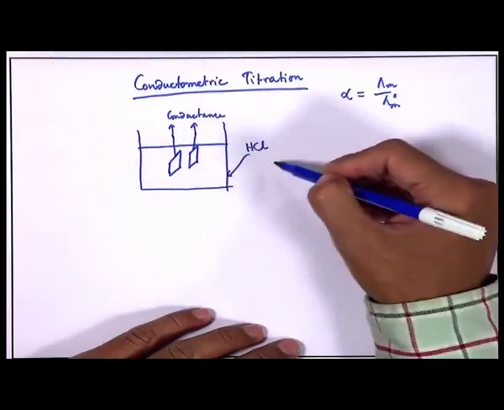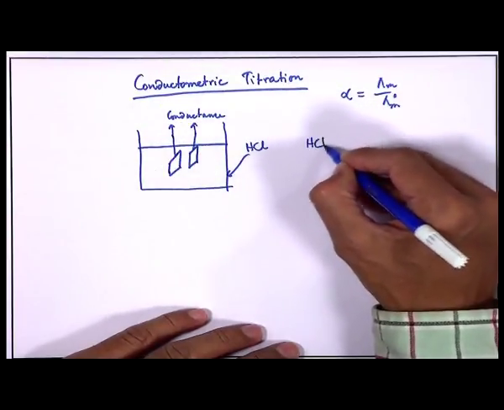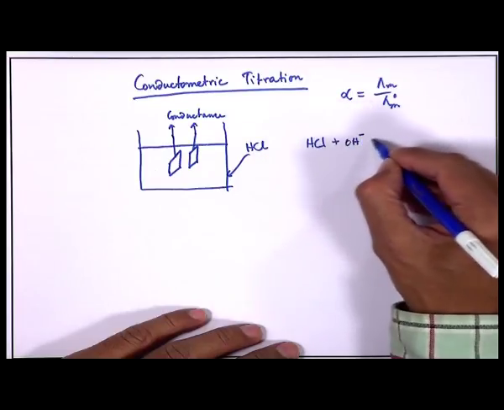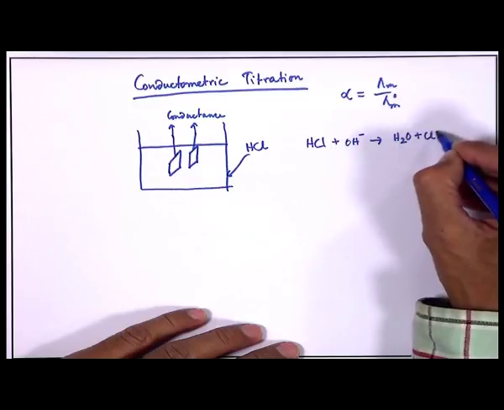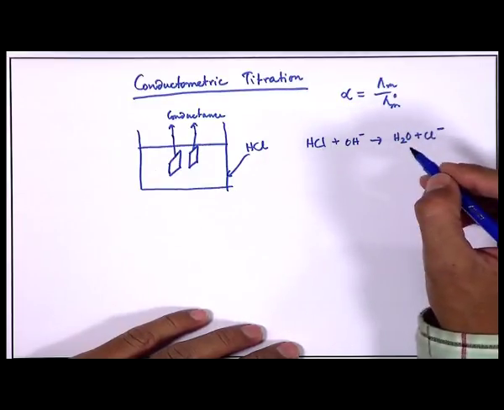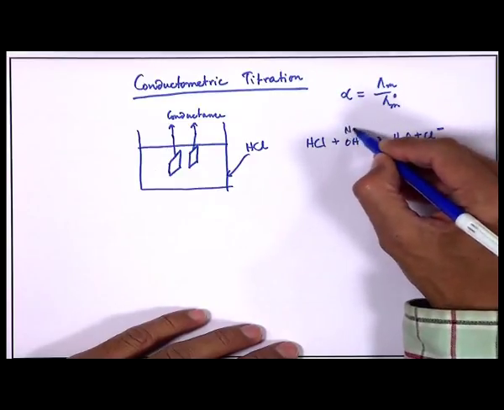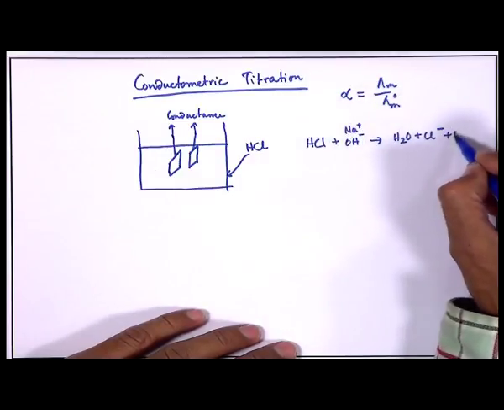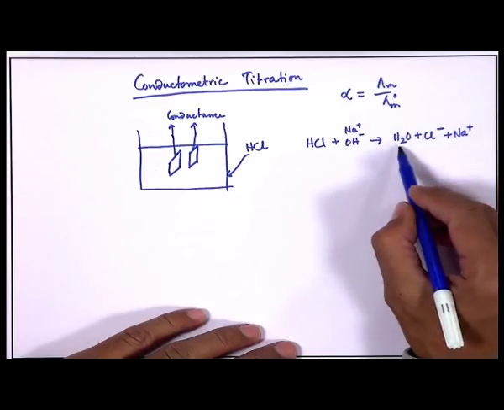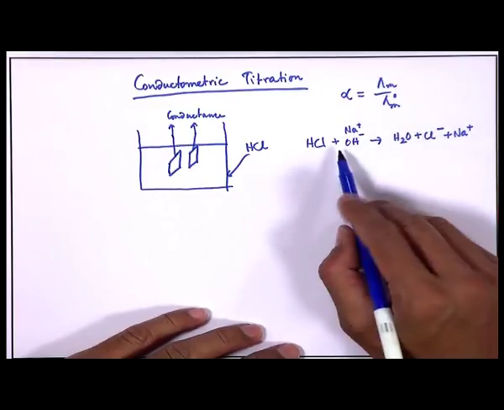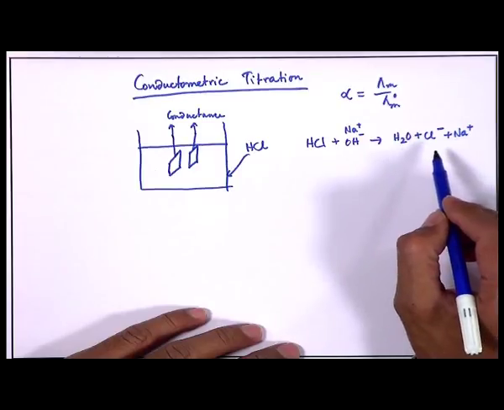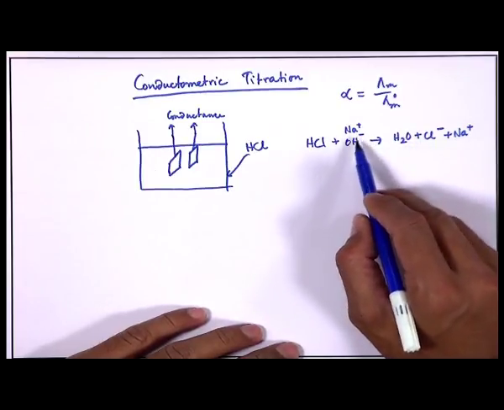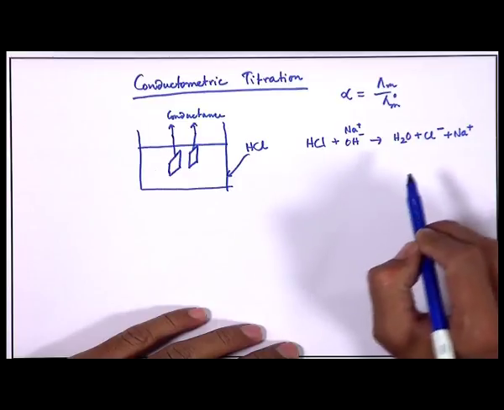Since it is an acid base titration, HCl plus OH minus gives you H2O plus Cl minus, and if it is NaOH, you will also have Na plus. This continues until all the H plus ions are exhausted, and beyond the equivalence point there will be some excess of OH minus and Na plus.